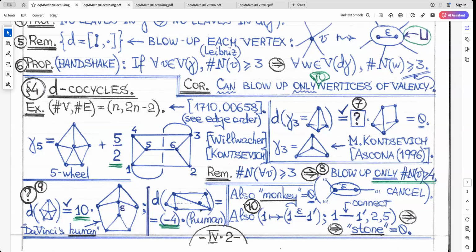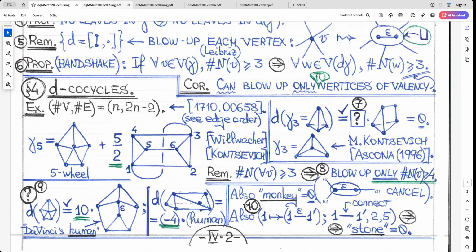We have a differential. What can we say about the cohomology of the graph complex with respect to this vertex blow-up differential? Amazingly, almost nothing is known. We are interested in graph cocycles.